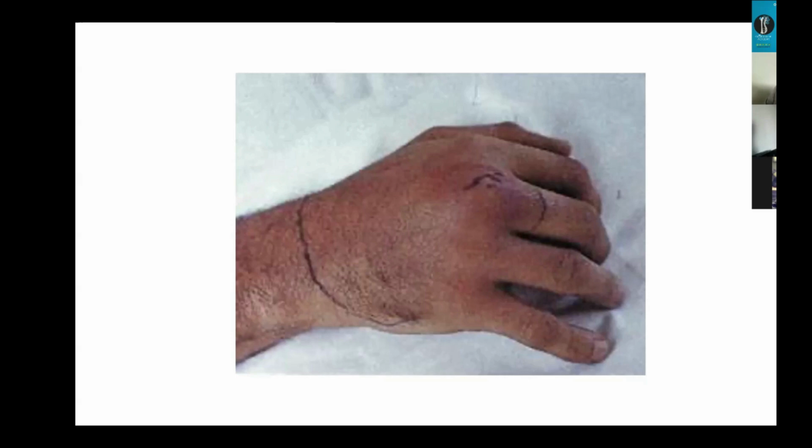So on this clinical picture, there is obviously an injury on his middle finger metacarpophalangeal joint. There is roughly a 1 centimeter longitudinal wound. So I would look at whether there is any local warmth, redness, tenderness, any fluctuant swelling.